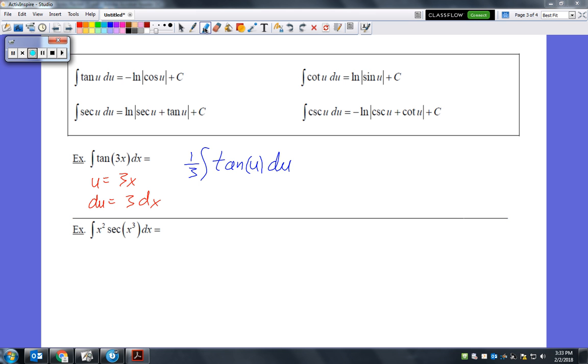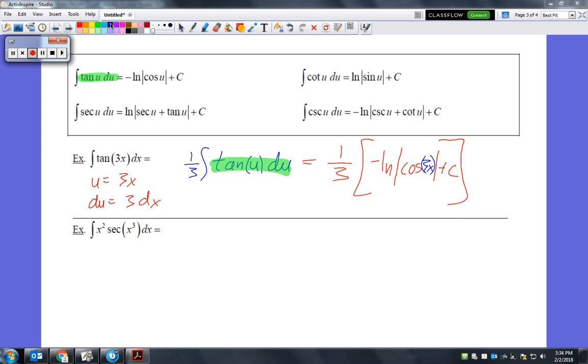And now that we have it in this form, we want to use no tacos. And this is what you want to do on the test. So this integral is going to be constant multiple rule, the 1/3, of course. And then you have negative natural log of cosine. Be careful, because what goes there? U. So we'll say 3x.